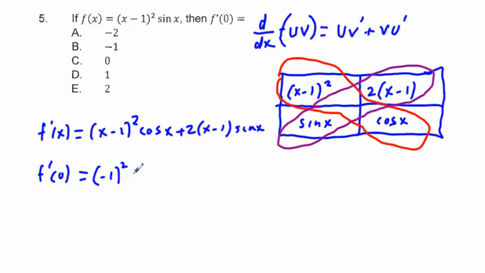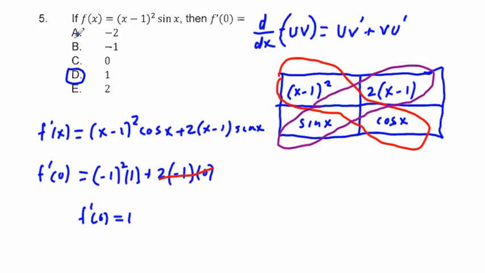Well, cosine of 0 is going to be 1, plus 2 times, we have 0 minus 1, well, that's going to be negative 1 times the sine x, which is 0. Well, anything times 0 is 0, so what we're left with is negative 1 squared times 1, so f prime of 0 is equal to 1. So our correct answer to this will be D.